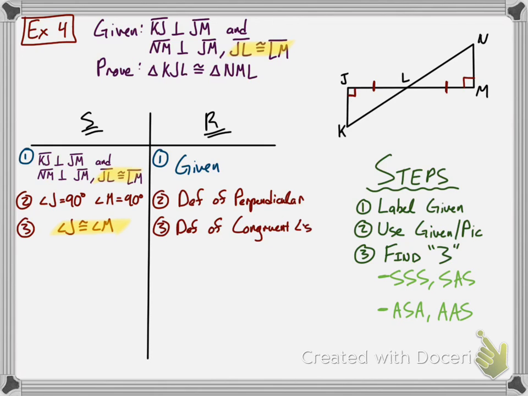Now we can look into our picture. We do have this hourglass shape, so I know that we're going to use our vertical angles here near L. So for our fourth step, we can say that angle JLK, that's the angle on the left, is congruent to angle MLN. And that is our vertical angles.